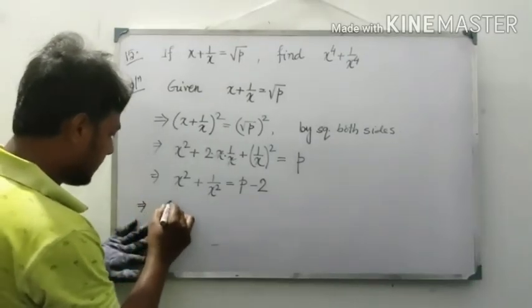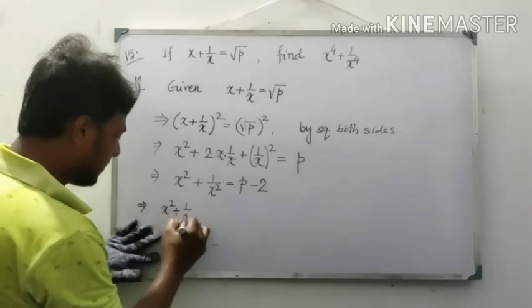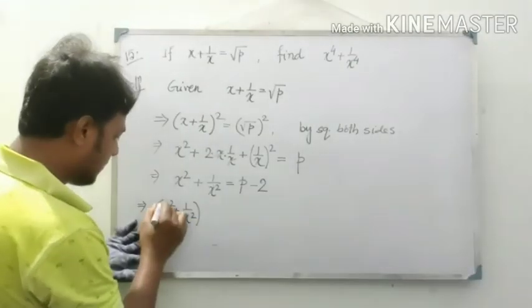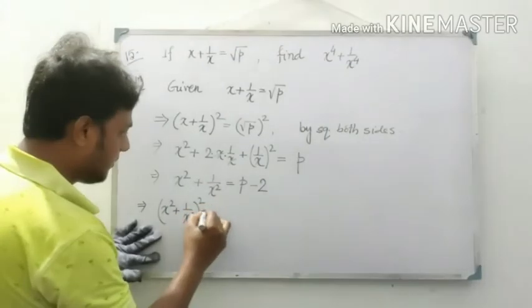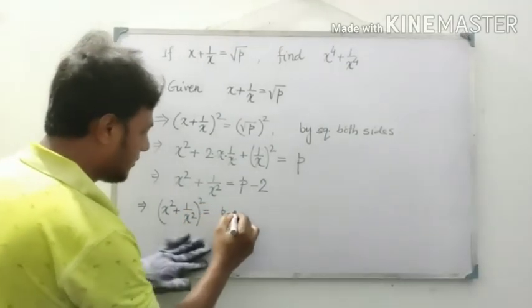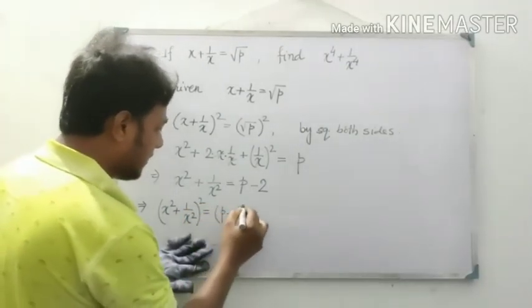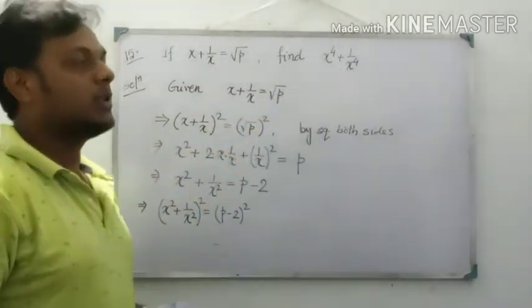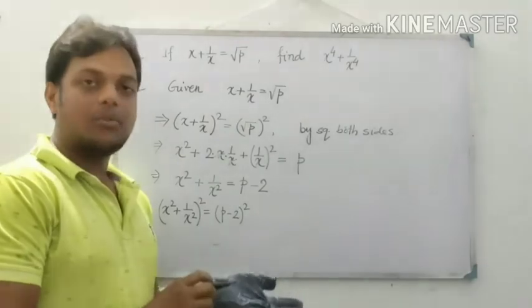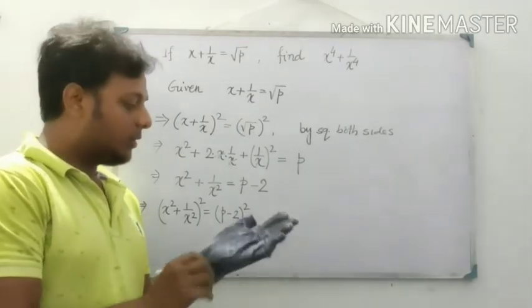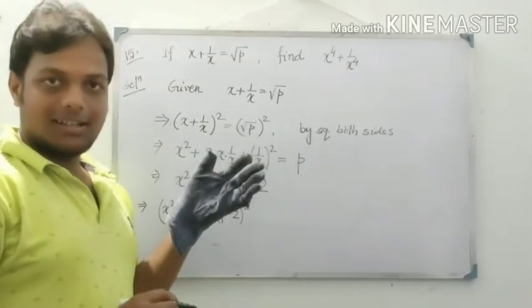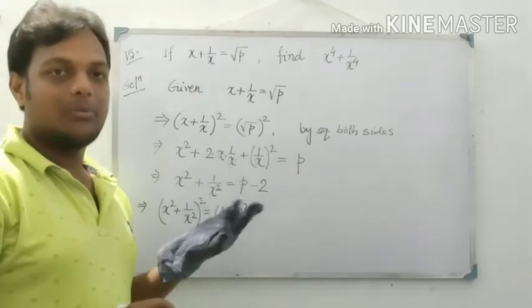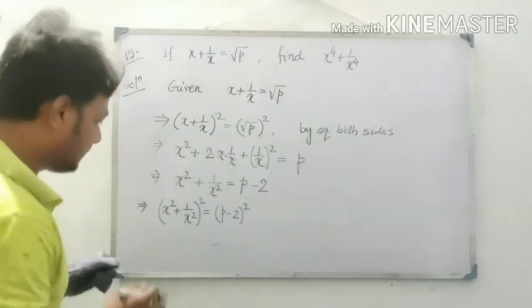So x square plus 1 by x square whole square equals p minus 2 whole square. And one important thing, we will get the answer of x to the power 4 plus 1 by x to the power 4 in terms of p. In terms of p means the answer will come with p.